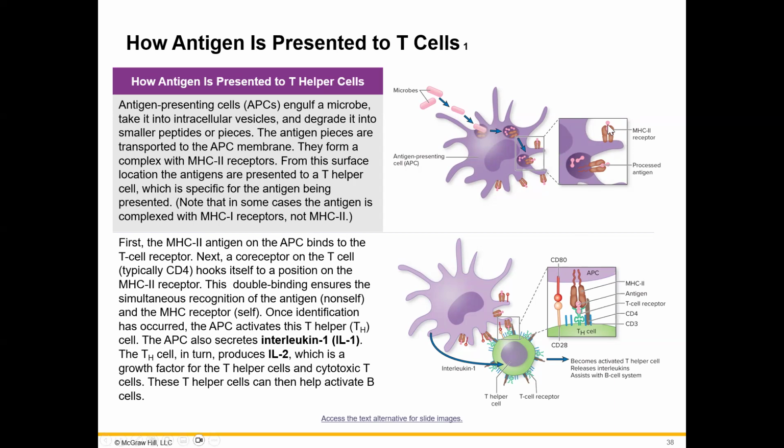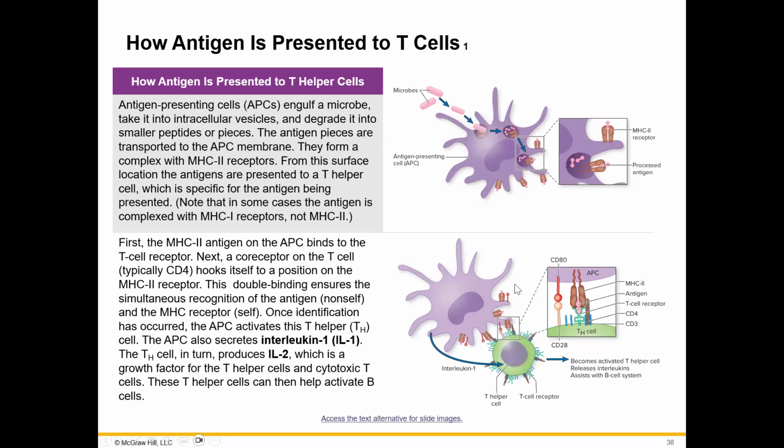They're being transported and then presented there. They form a complex, in this case with MHC2 receptors. So from this surface location, the antigens are presented to a T helper cell, which is specific for the antigen that is being presented. So this is an example with MHC2, could also be with MHC1.